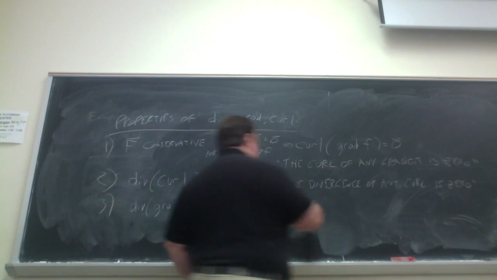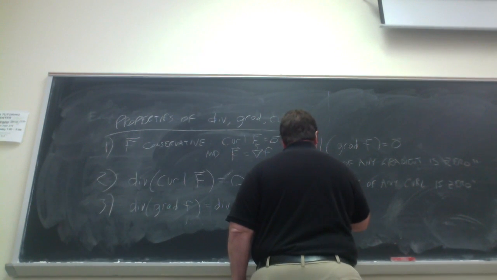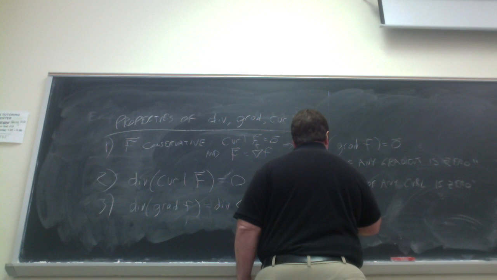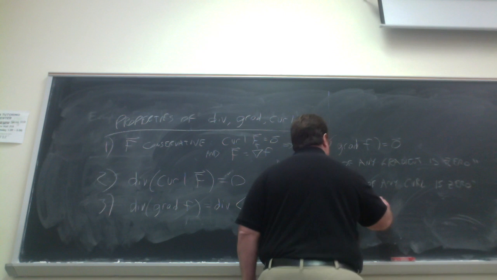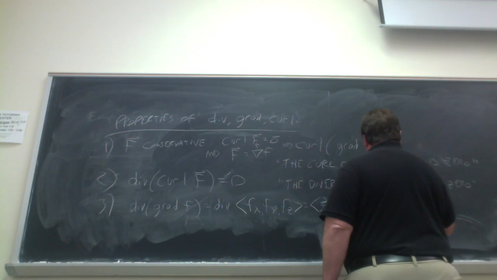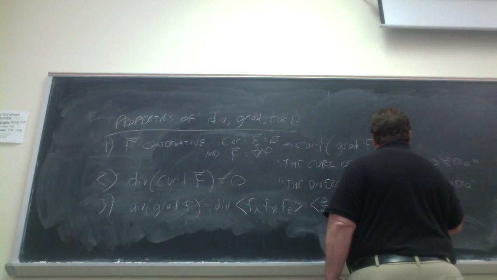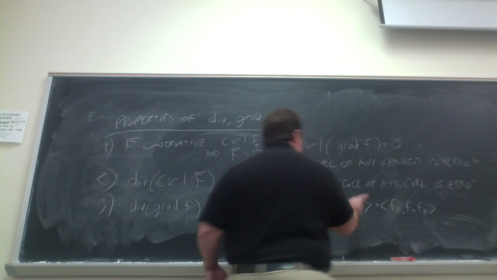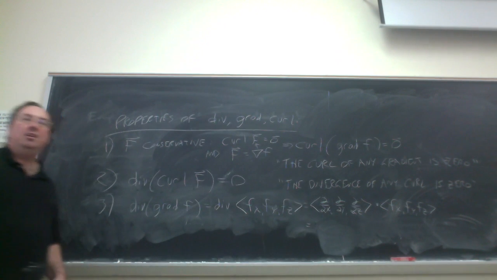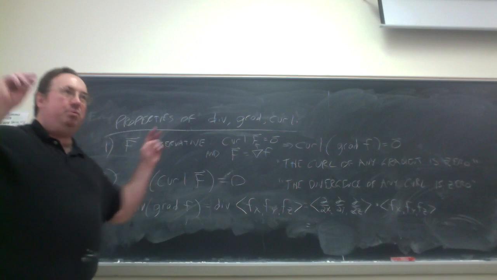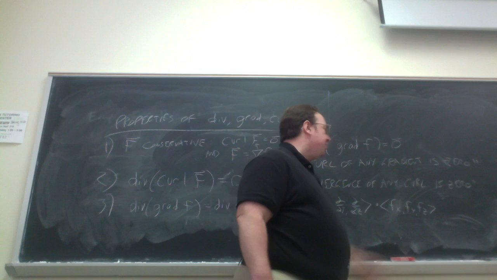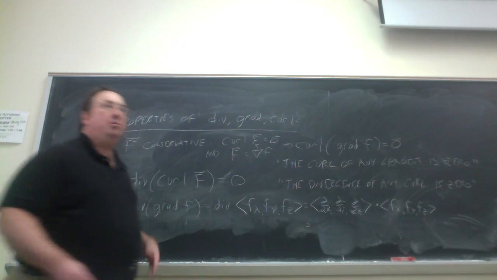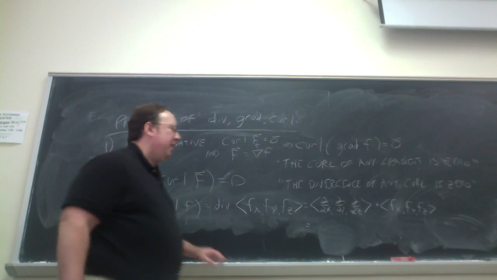A divergence is the dot product of d/dx, d/dy, d/dz with the gradient fx, fy, fz. So if we carry out this dot product, you apply these differentiation operators to these functions and add them all up. What are you going to get?